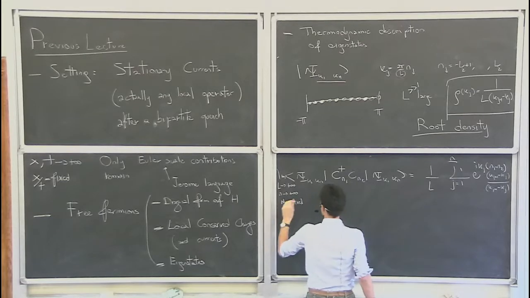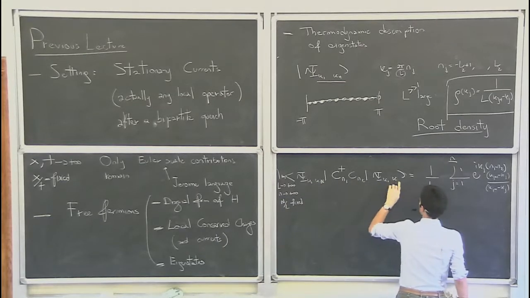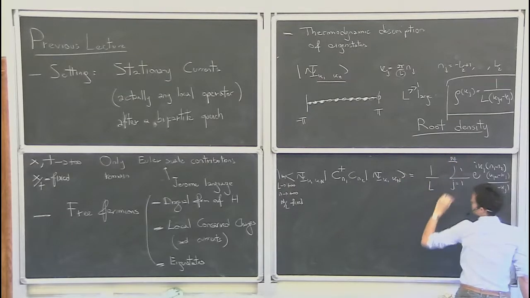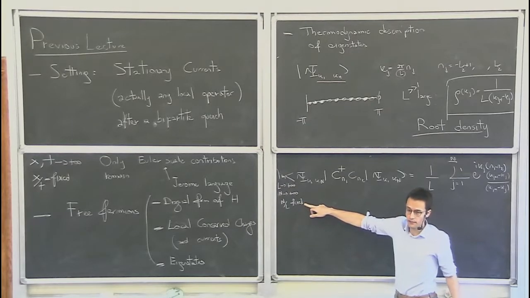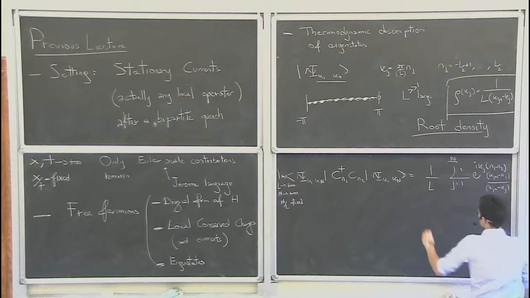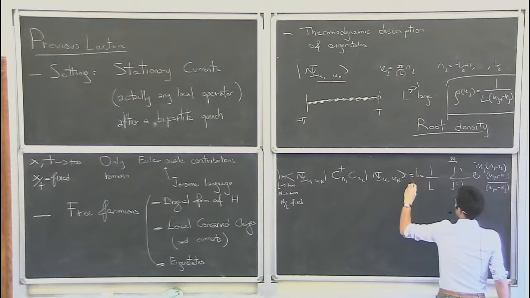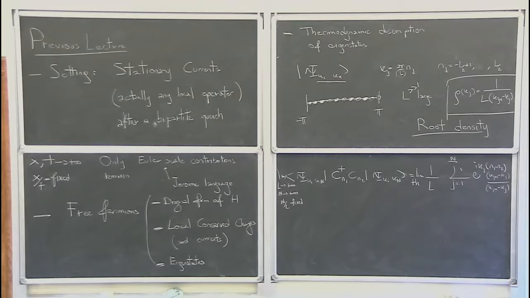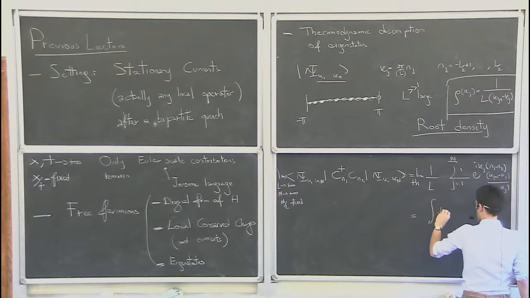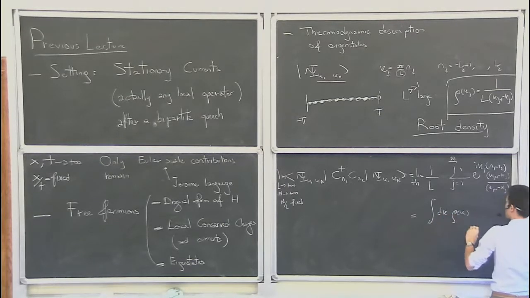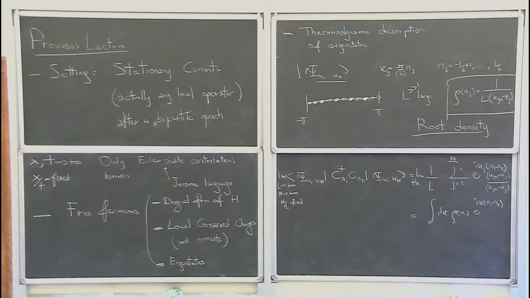Let me change my notation for a second: let me call big N the number of these momenta. So I'm taking the limit of L going to infinity and N going to infinity with fixed density. This is the thermodynamic limit, the right one to take. I'll write it as lim th from now on. In this limit, this is nothing but the following, where I use the definition I gave you there.